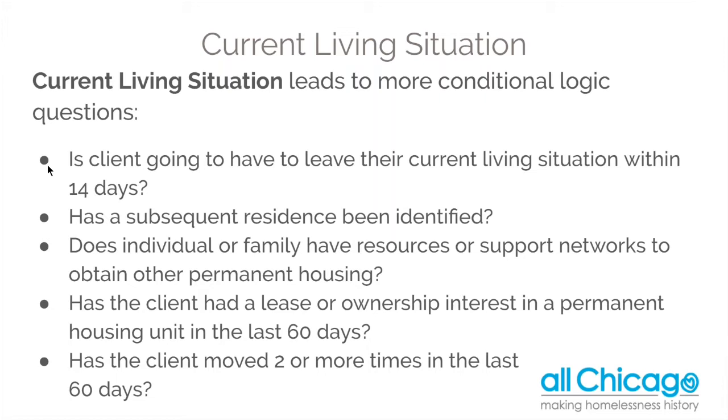And for category 3, the special federal statutes, if a client is considered category 3, then that client will not have had a lease or ownership interest in any type of permanent housing unit in the last 60 days.